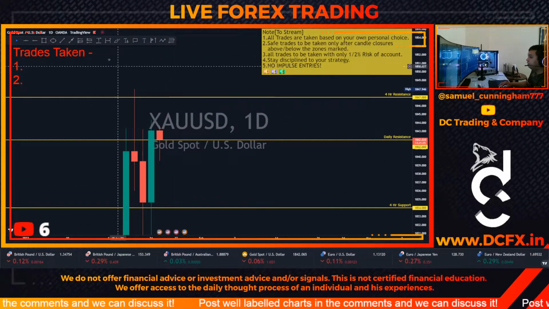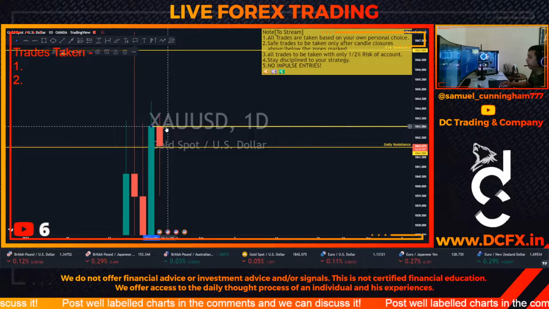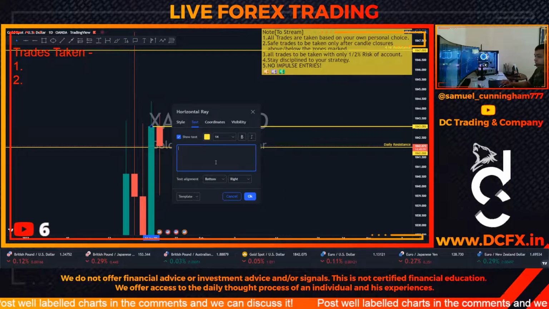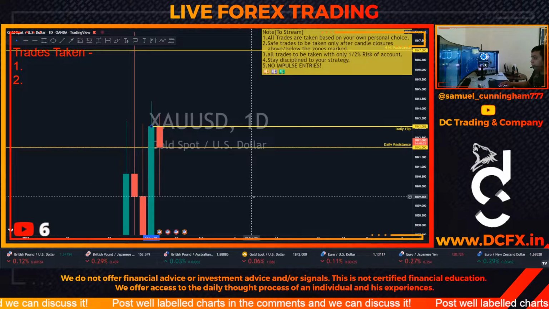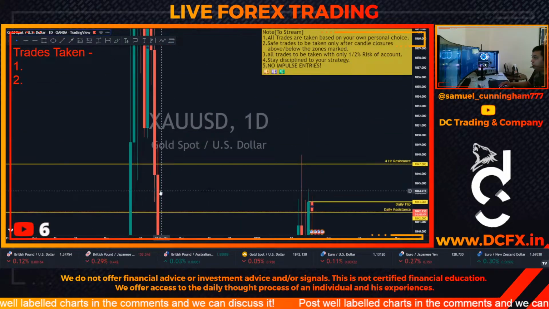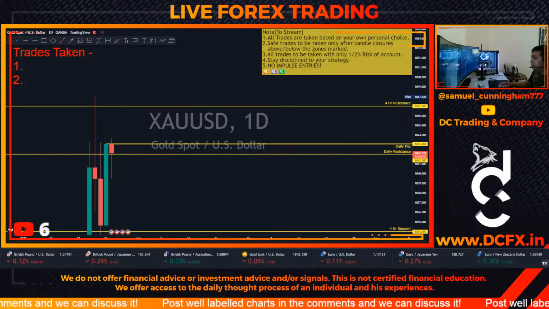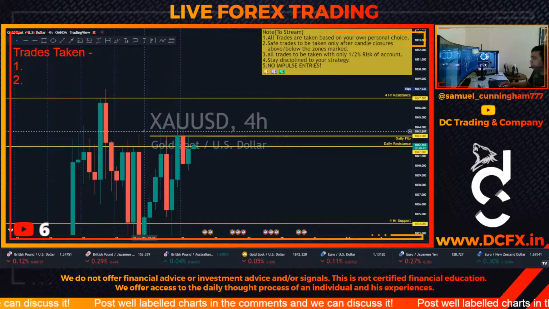Okay, this is very interesting for gold. I think even I will buy it. Daily flip. We've closed above the daily resistance right over here, and so we should get this nice run up to the top once we do flip bullish.